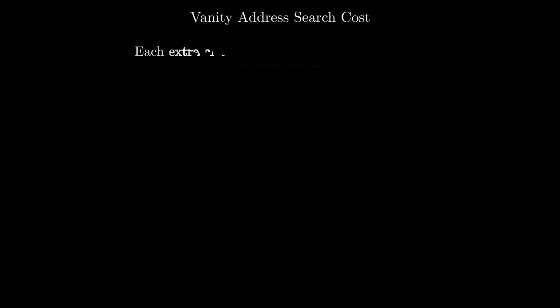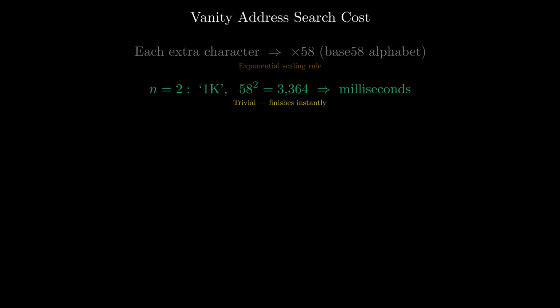Here's where vanity addresses hit a wall. Every extra character you demand multiplies the search by 58, the size of the base 58 alphabet. Meet Eugenia. She runs a children's charity and wants addresses starting with 1 kids. On a desktop grinding 100,000 keys per second, a 2-character prefix like 1K has a search space of only 58 squared, or 3,364.